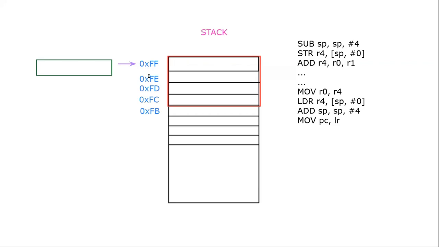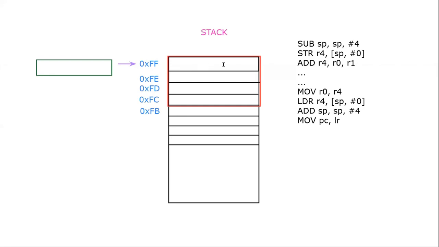Those concepts are still valid because we are still dealing with the memory that we looked at earlier. But this is a special portion in the memory that we use to store temporary values, but still it is the memory. So if F is one address, then FE is the next immediate lower address, and it is also going to store 1 byte.